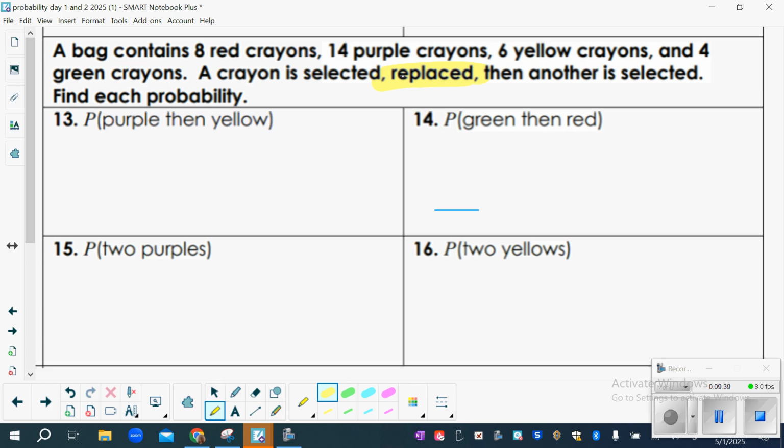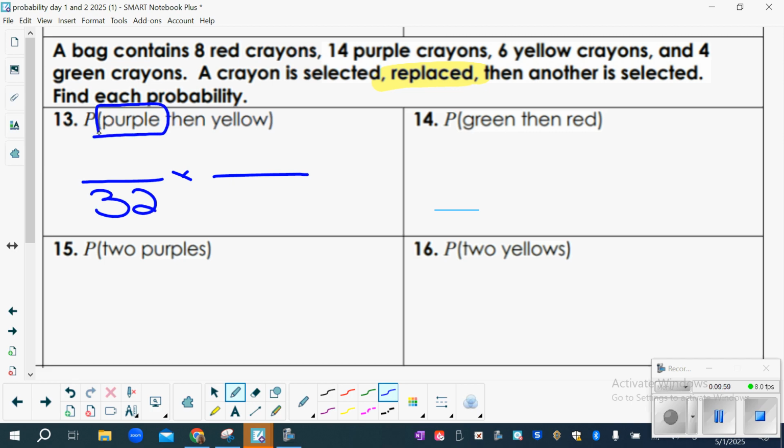So let's do this first one. Here we go. We are picking 2 crayons. That's 2 decisions. 1, 2. How many crayons total are in my basket? Add them up with your neighbors. Nice, nice. There are 32. I would like to start by picking a purple.